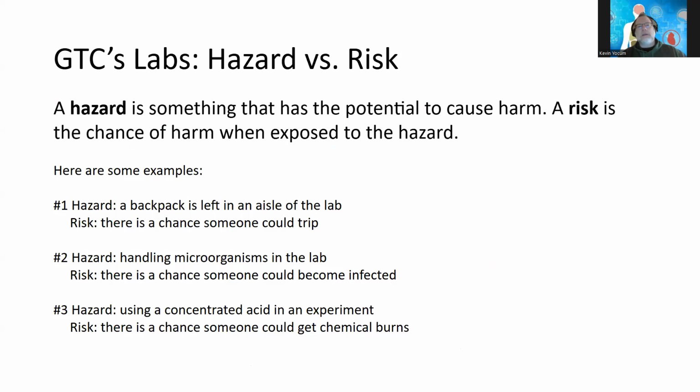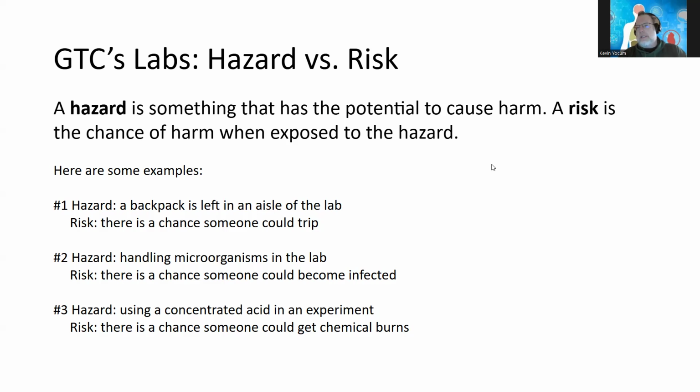A hazard is something that has the potential to cause harm. Typically it's some sort of an object. It could be a behavior or an action dealing with an object, but generally speaking, the hazard is a something.